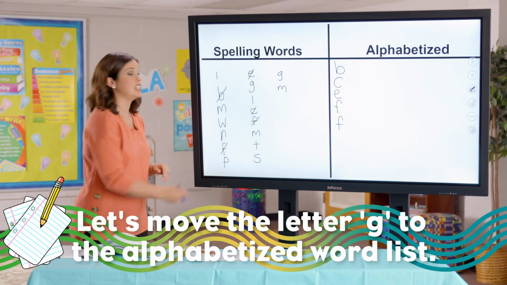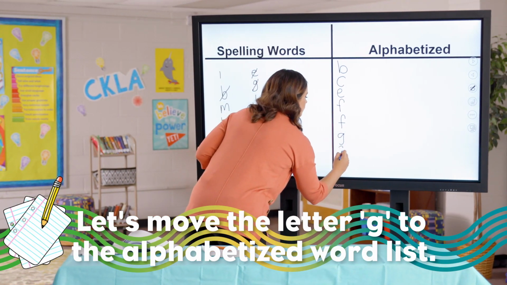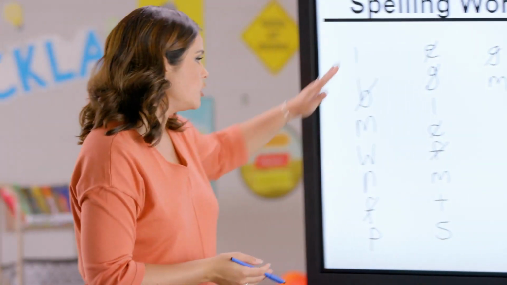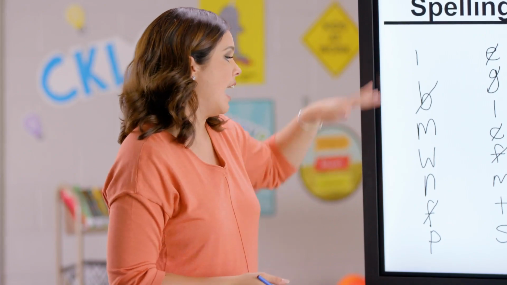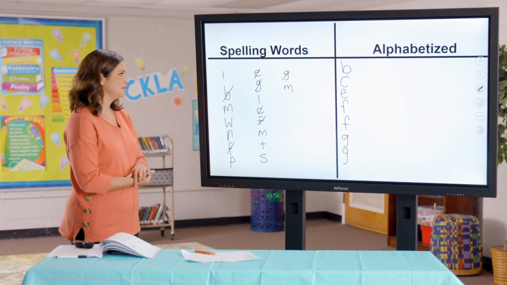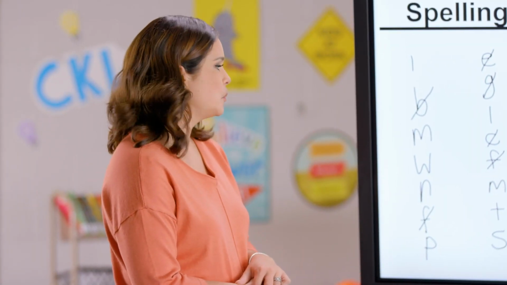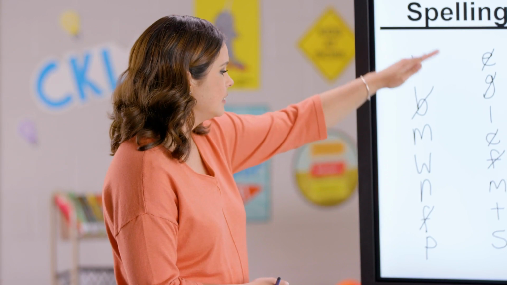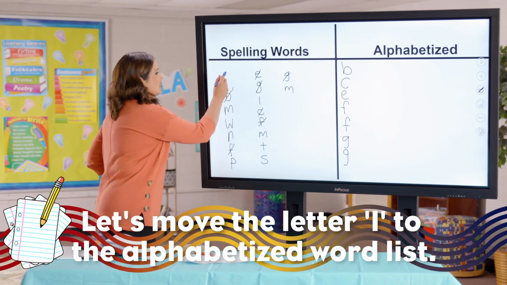Right, we have two G's also. H? No H's. I? No, no I's. What about J? Nope. K. L. I see two L's.